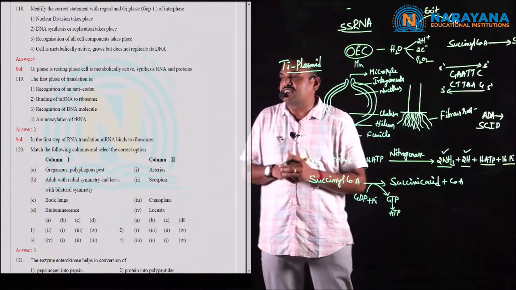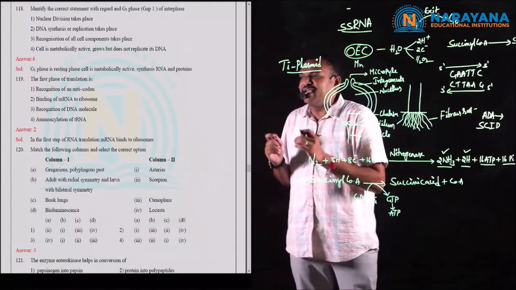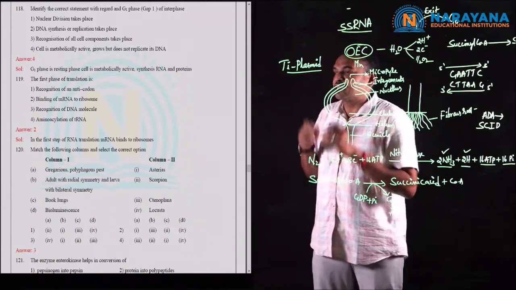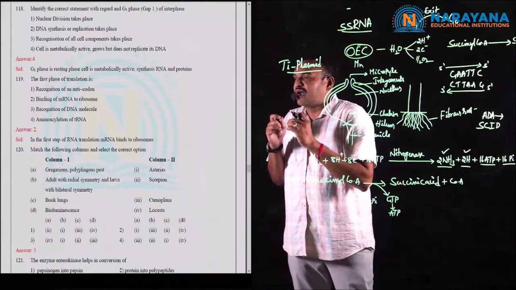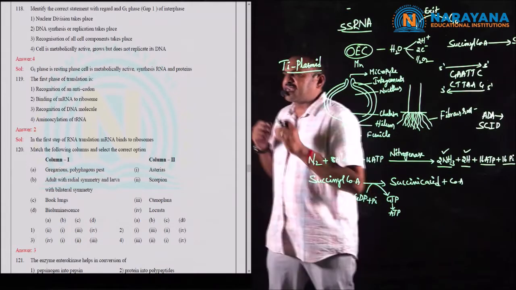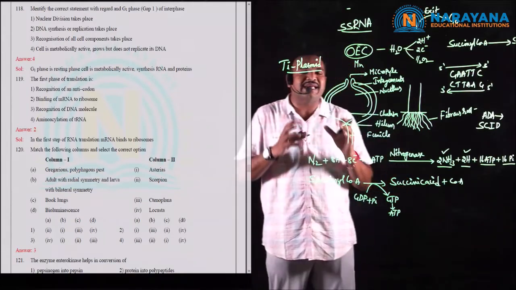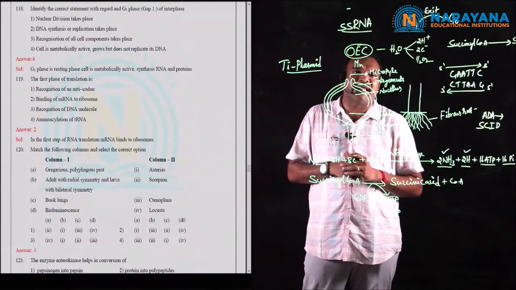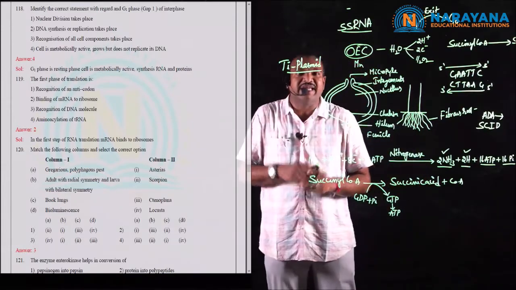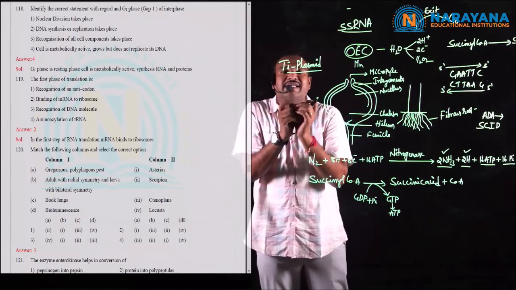The first option is recognition of an anticodon. The second option is binding of mRNA to ribosomes. The third option is recognition of DNA molecule, and the fourth option is aminoacylation of tRNA, that is, charging of tRNA. The first phase of translation is aminoacylation of tRNA.